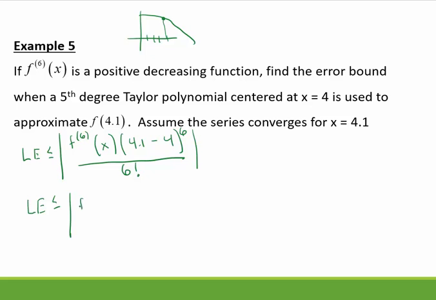The maximum value of our derivative is actually the value at 4. I don't know how to find that value, but this is the most that I can say. And we use 4 here because that's the maximum value the derivative can take on.